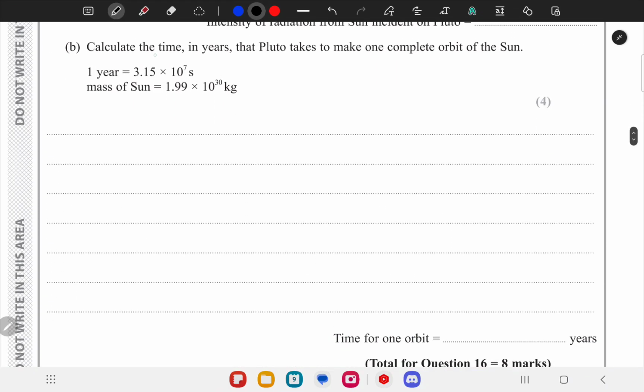Now we need to find the time in years that Pluto takes to make one complete orbit around the Sun. Since this is a circular orbit, its centripetal force will be m ω² r, and this is provided by the gravitational force, which is GMm by r squared. So G, 6.67 × 10^-11, times the mass of Sun times the mass of Pluto divided by the orbital radius of Pluto squared.